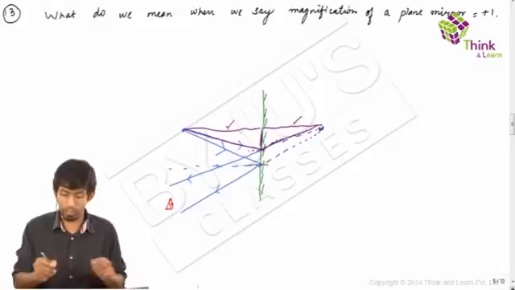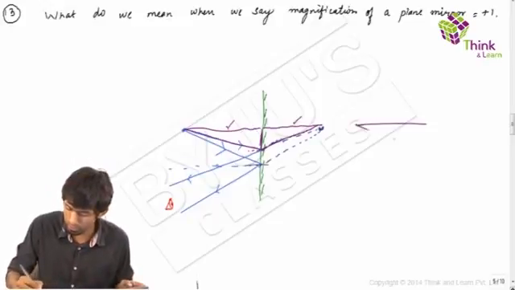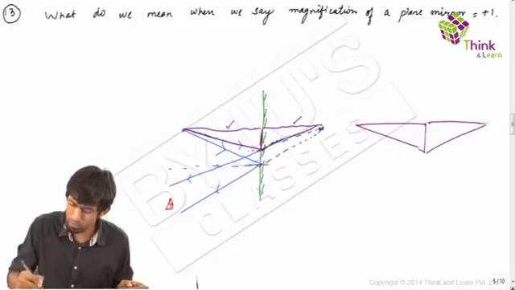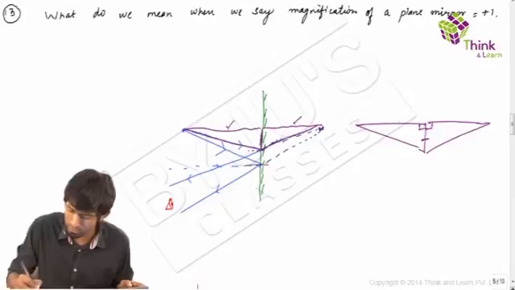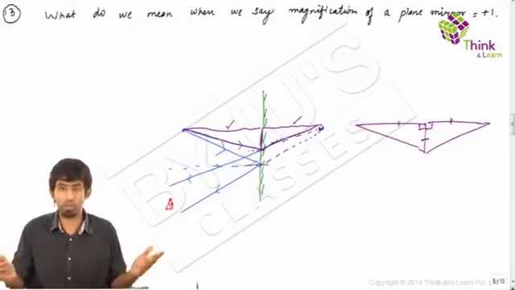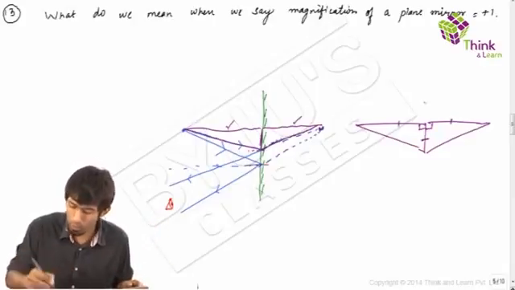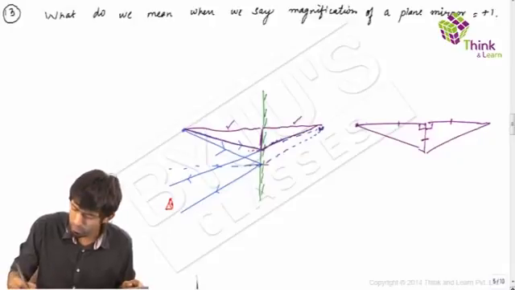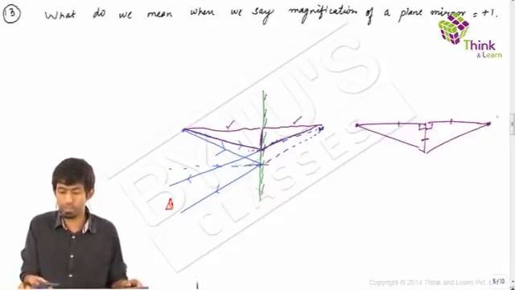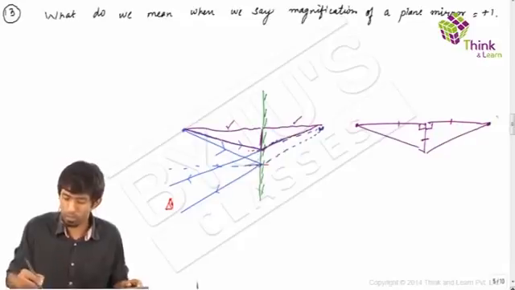Even though they don't look like that over here, it would ideally look like this. One triangle here and another triangle here, where this angle is equal, this side is equal, that side is equal. We are done already, right? These 2 have to be congruent, which means that this image point is going to be formed exactly as far away as the other point, if this is the mirror.